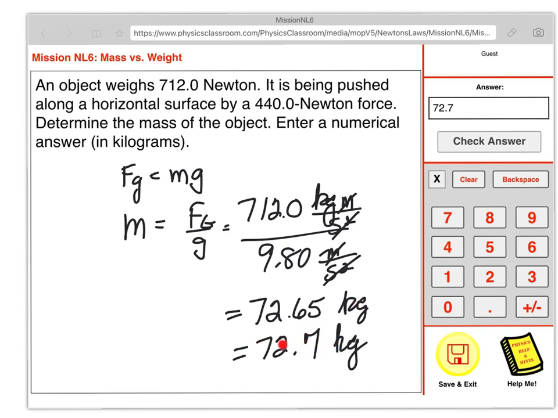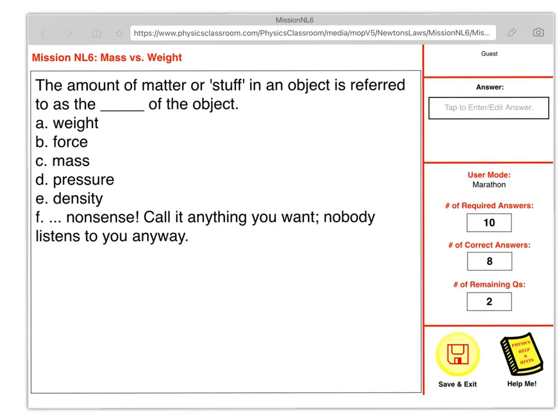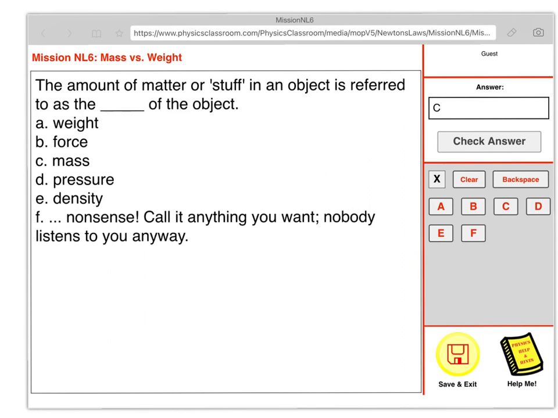I'm going to try this. It worked last time, just 3 digits. If it doesn't work, it means you should have entered the 2 decimal places. Sometimes the MOPs in physics don't follow the rules of significant figures. Let's see what we get with the 72.7. Okay, that worked.